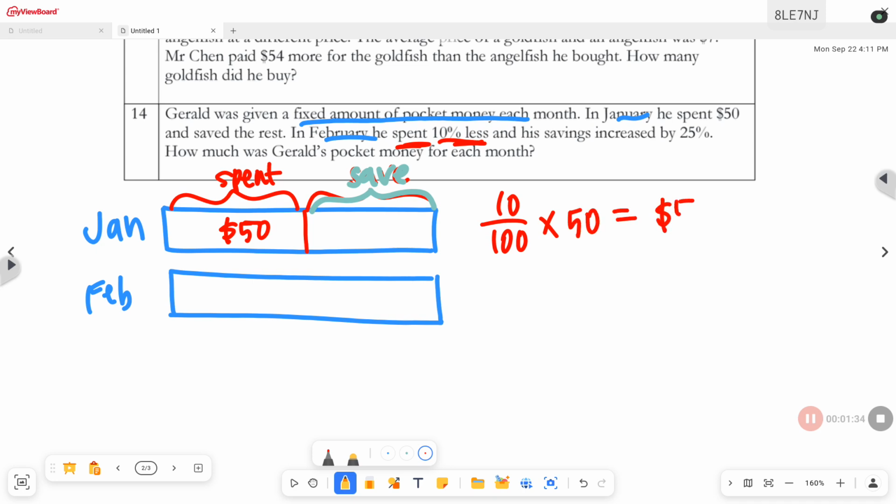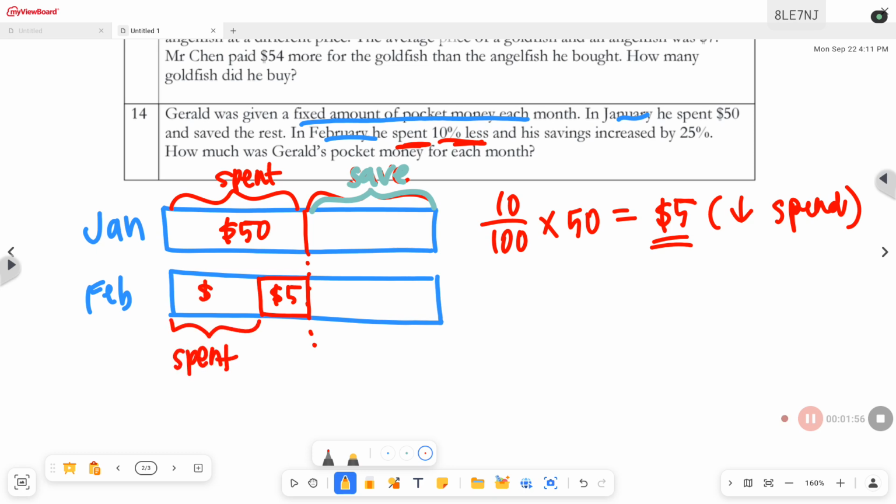That will give you $5. It means this $5 is a reduction from your spending. From here, my original is the amount I needed to spend, but right now I spent $5 lesser. So this part here is $5. That means my spent right now is only going to be $45, right?